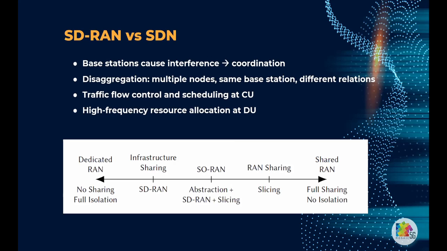Another difficulty in SD-RAN is that, as opposed to 4G, 5G is disaggregated. All of you know you have CU and DU, that is one dimension, but even the relationship between CU and DU is not one-to-one. One CU could have many DUs. And also CU-CP and CU-UP, there is also a one-to-many association.